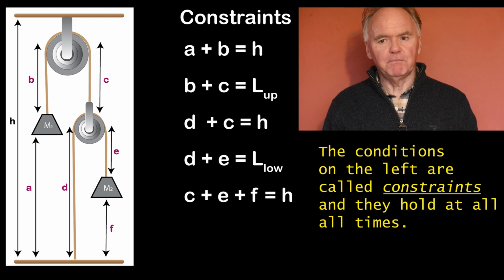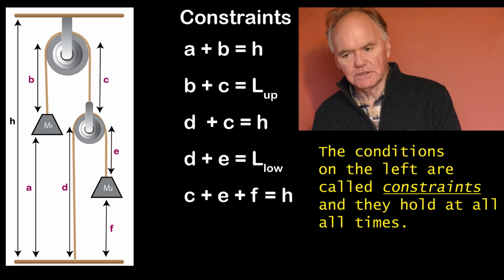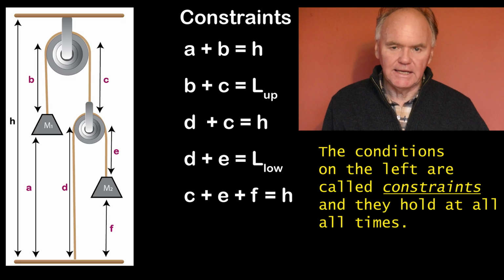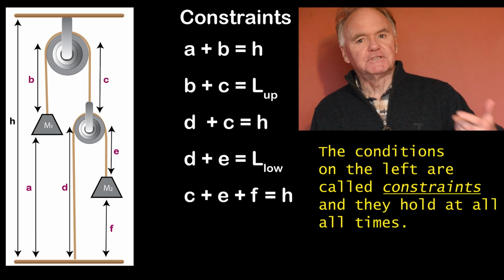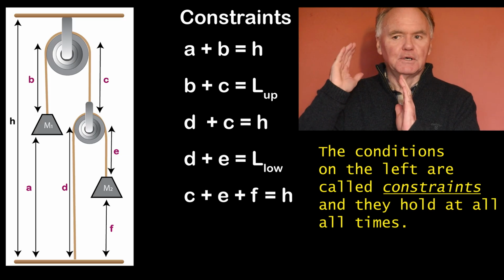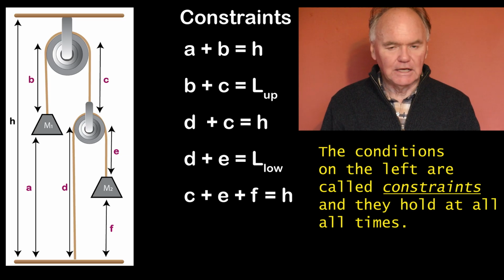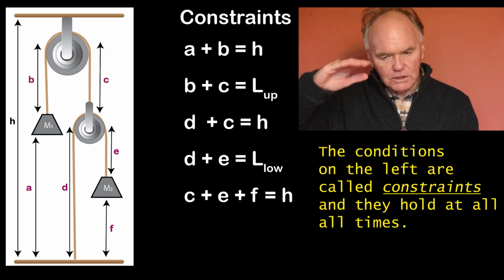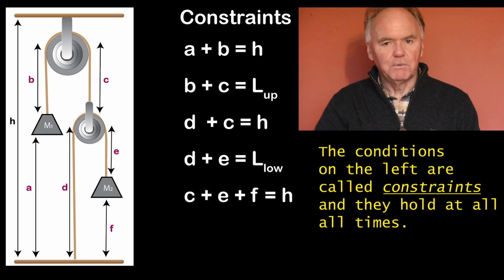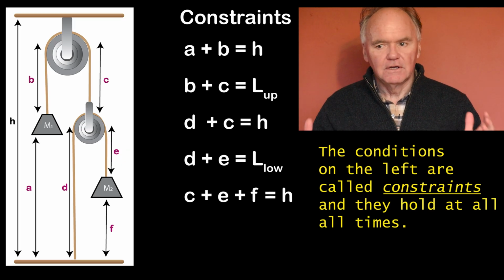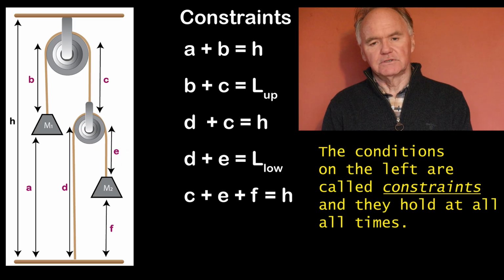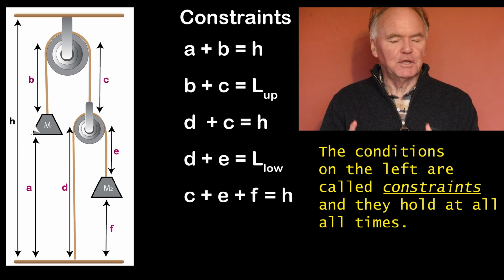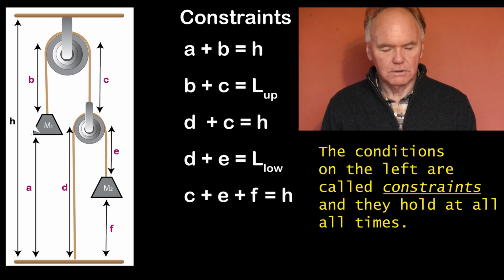So if we make up all of these constraint equations, for example, A plus B is equal to the height, B plus C is equal to the length of the upper string on the left, and so on, for all the things we can think of, we have this list of constraint equations. And those must always hold, irrespective of where the masses are.